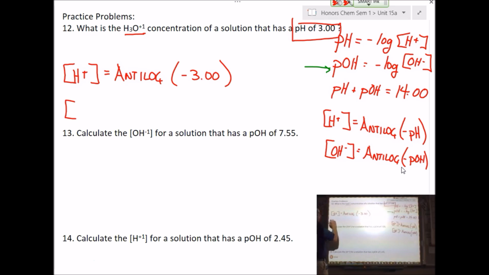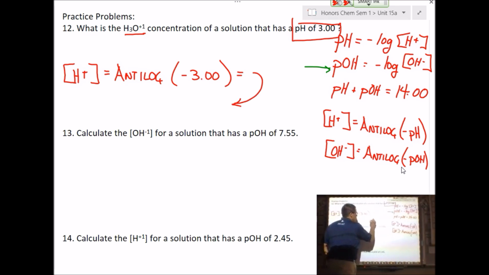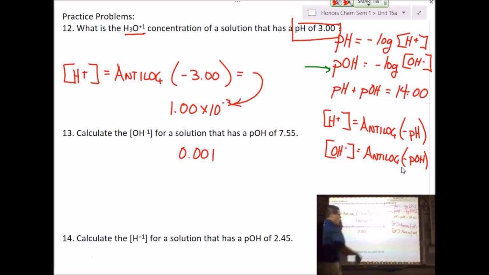So let's just write equals. Anybody get a number for this? Yeah. So 0.001 or 1.0 times 10 to the negative 3.